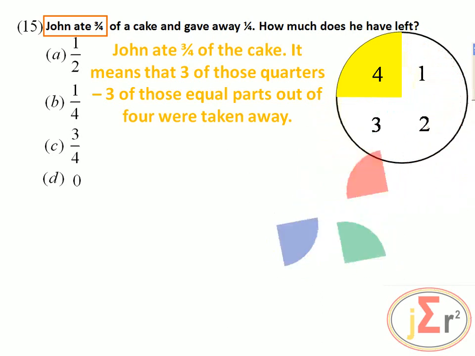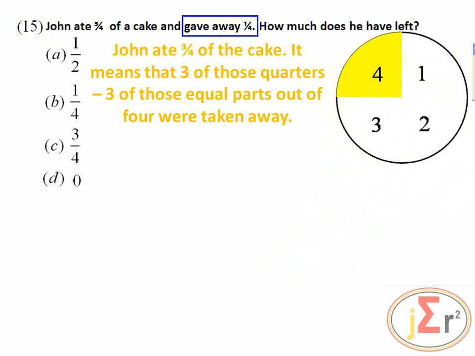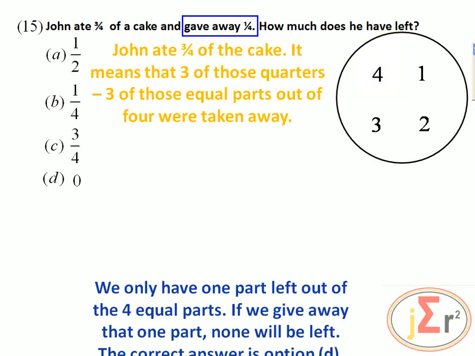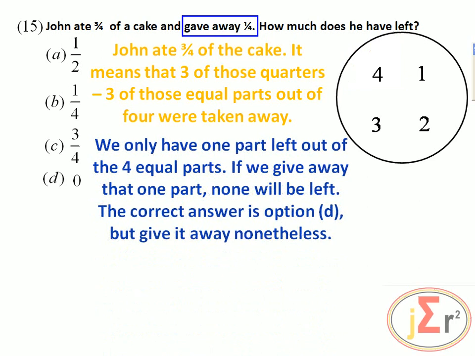John ate those 3 parts. He gave away 1 part, 1/4. We only have 1 part left out of the 4 equal parts. If we give away that 1 part, none will be left. The correct answer is option D.